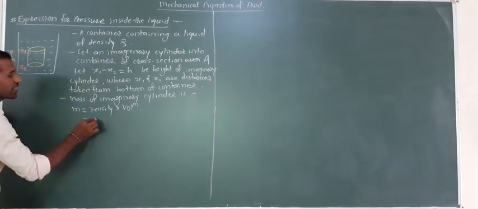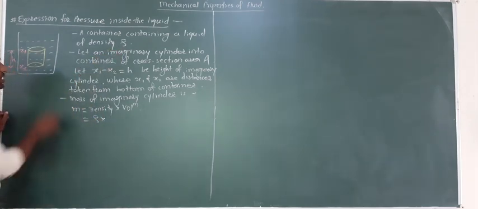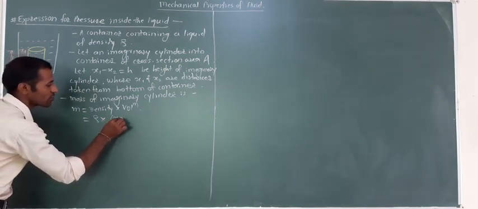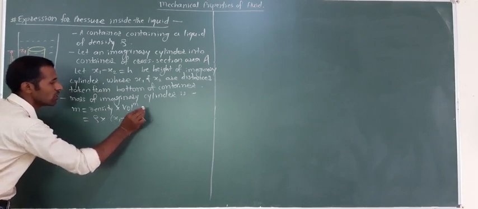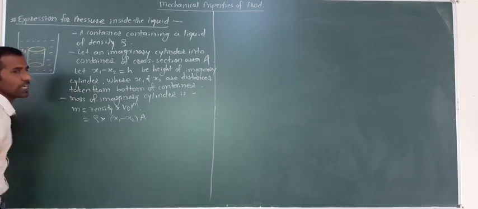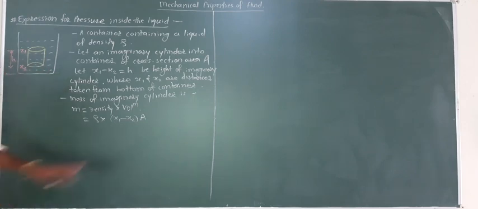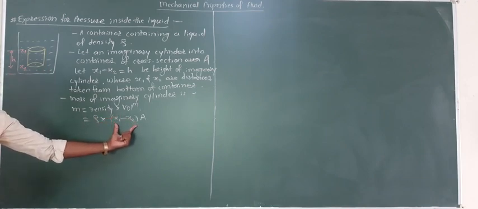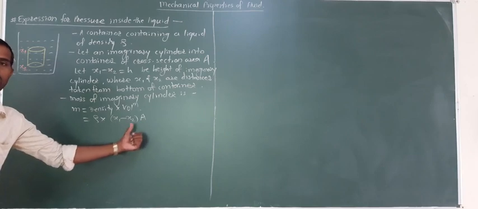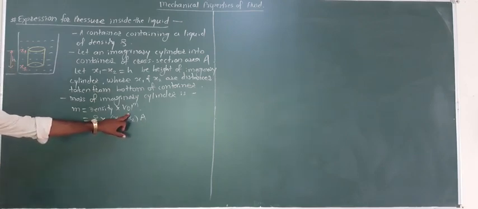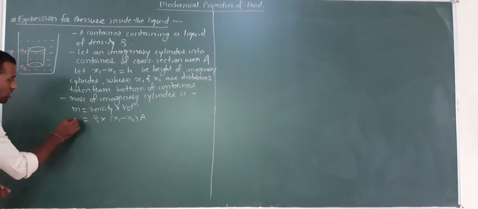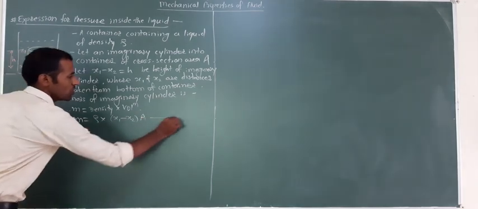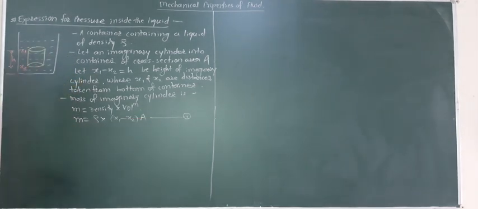The density we have taken as rho, and the volume of the cylinder is height into cross-sectional area, that is x1 minus x2 into A. So the mass of the imaginary cylinder is rho into x1 minus x2 into A, the cross-sectional area.